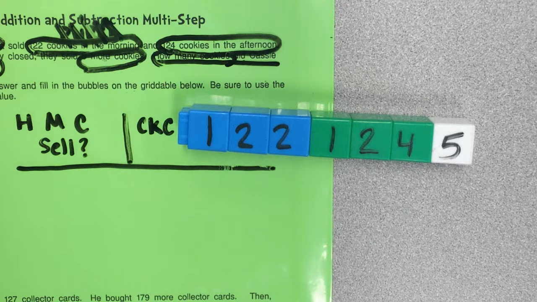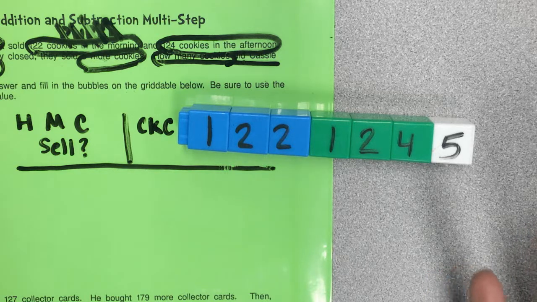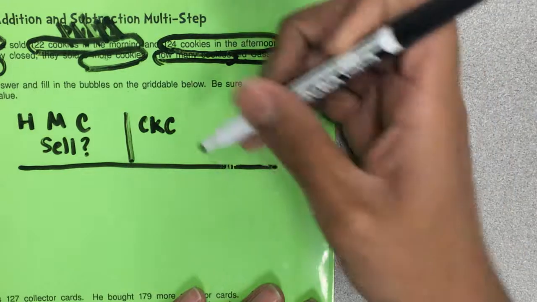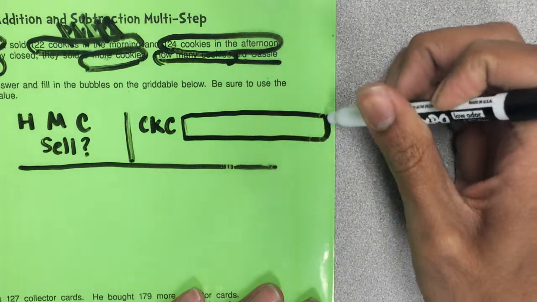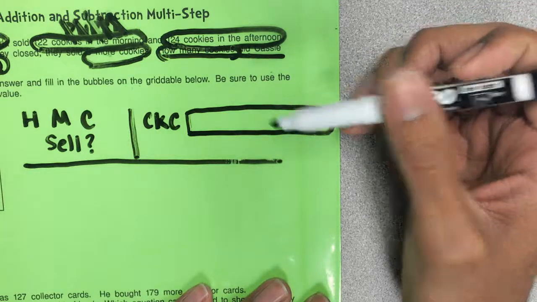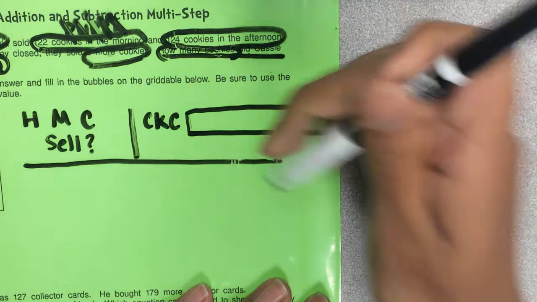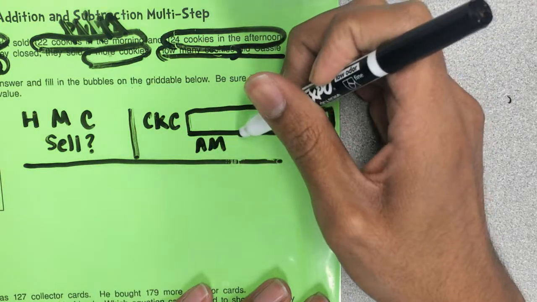What we're going to do now is we're just going to copy what I just showed you with the snap cubes as a strip diagram. So I'm going to draw how many cookies they sold in the morning, which was 122. I'm going to write AM for morning.